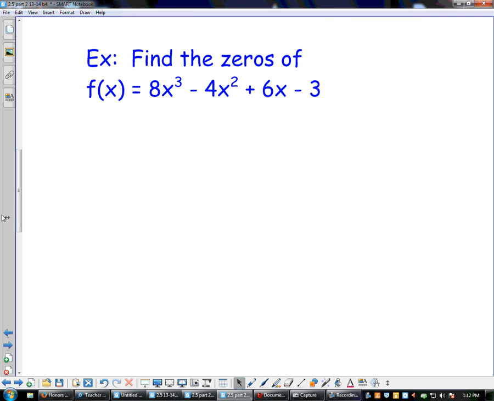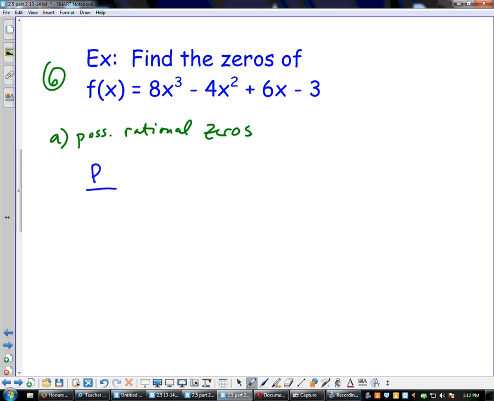So let's take a look at this example. We're supposed to be finding the zeros of the function. Start by considering the rational zeros. This is number 6 from your gift. All right, so if I'm going to call this part A, finding the possible rational zeros, that is where you do the P over Q list.